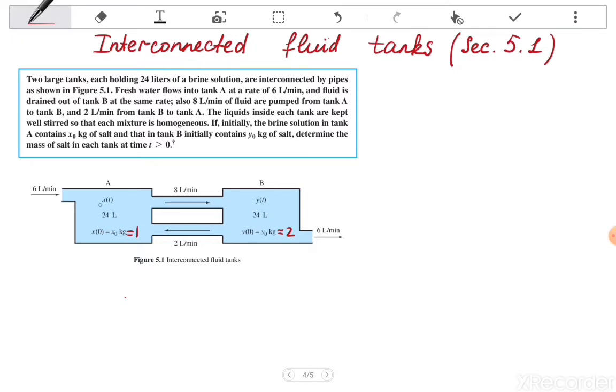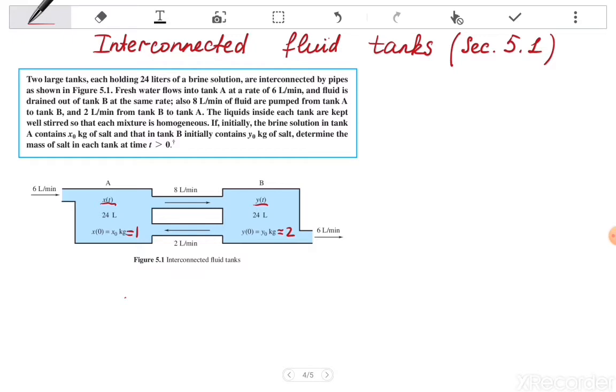By x of t and y of t, we denote the amount of salt at time t in tanks A and B, respectively. And what do we need to find? We need to find the kilograms of salt at time t in each tank, so to find the functions x of t and y of t.